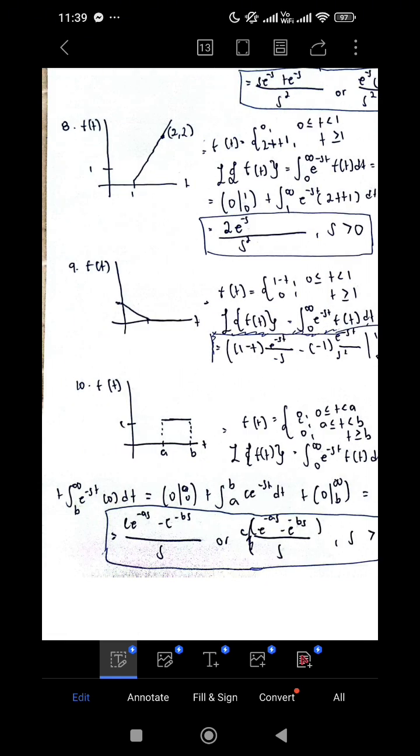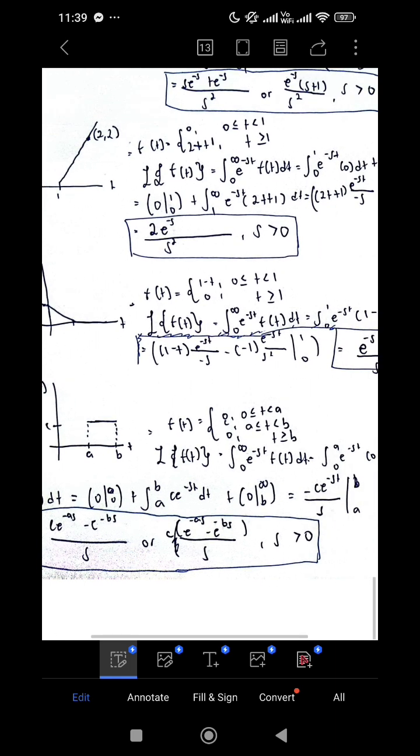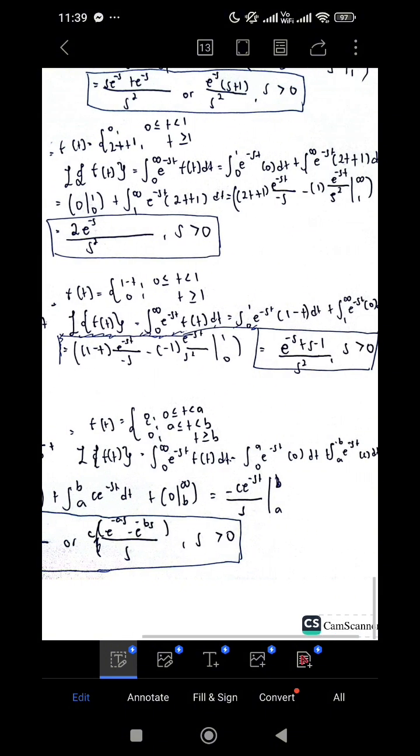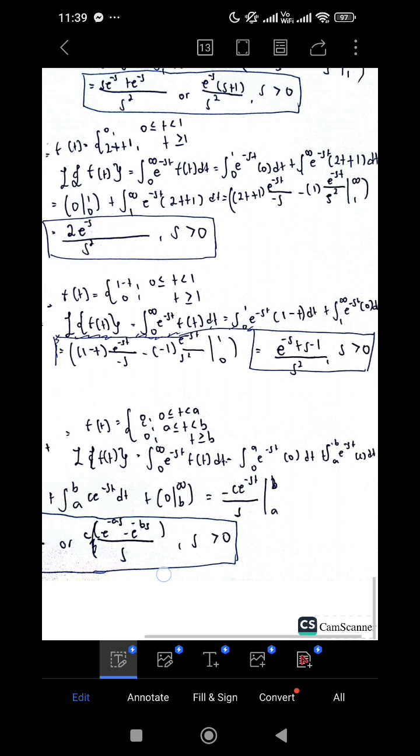Plus the integral from b to infinity of e raised to negative st times 0 dt, which is equal to 0. Plus the integration from a to b of c e raised to negative st dt, plus 0, which is equal to negative c e raised to negative st over s with limits a to b.